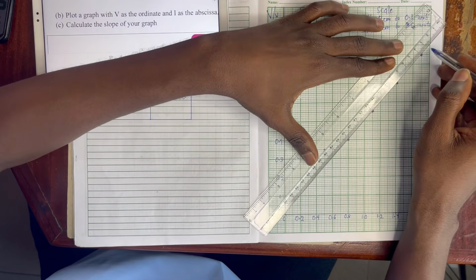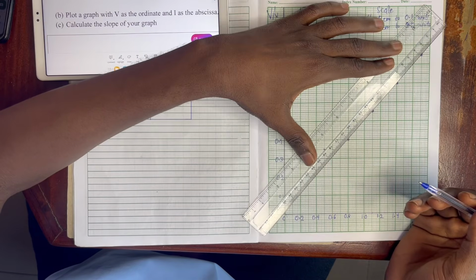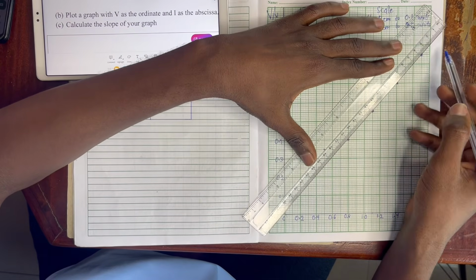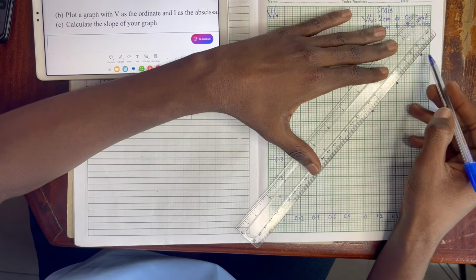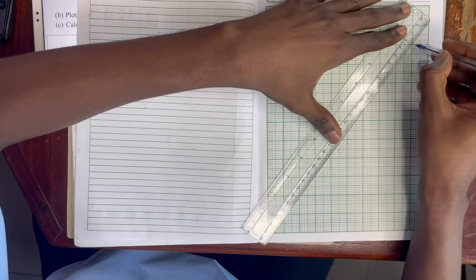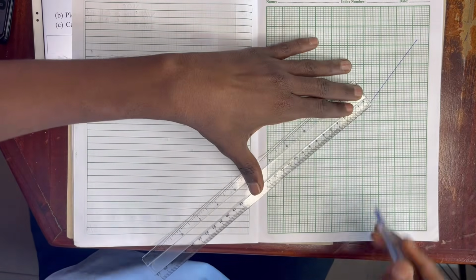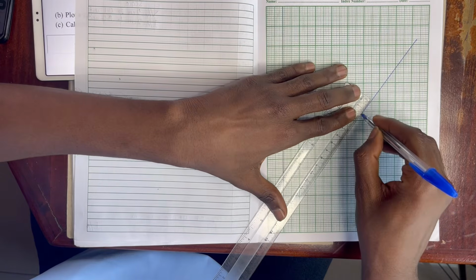Now this is the main reason why I indicated that you should use the 30 centimeter rule, because if you use the shorter one, which is the 15 centimeter, when you have your line, let me go to the next page and show you. Let's say you get your first line this way and you want to continue. Let me try and make it work and see.